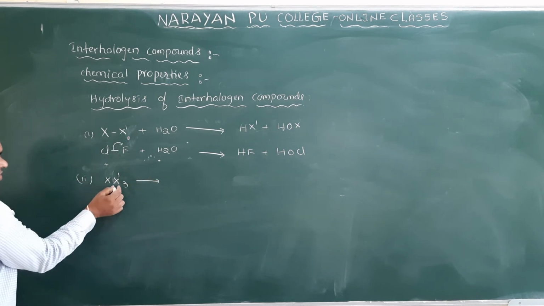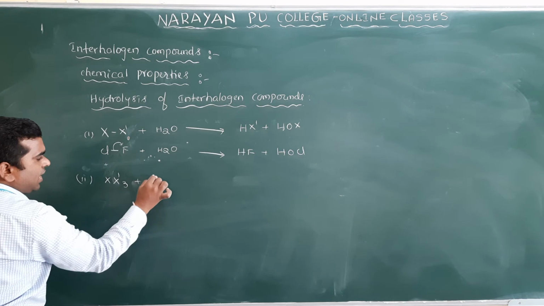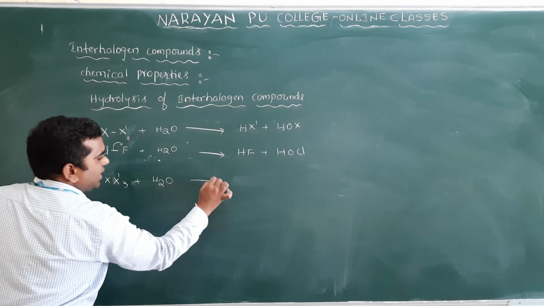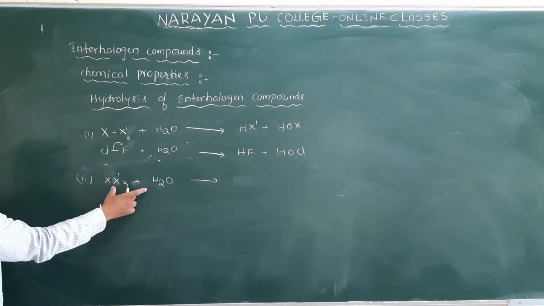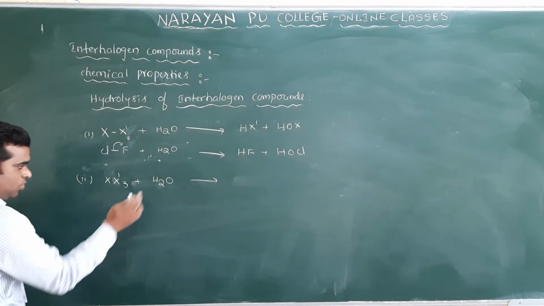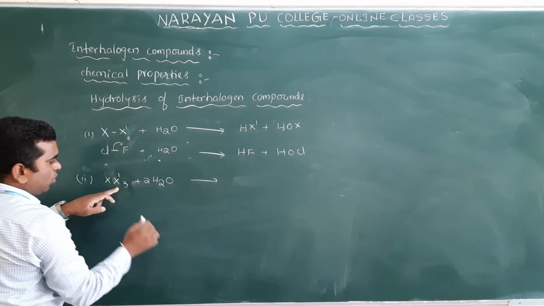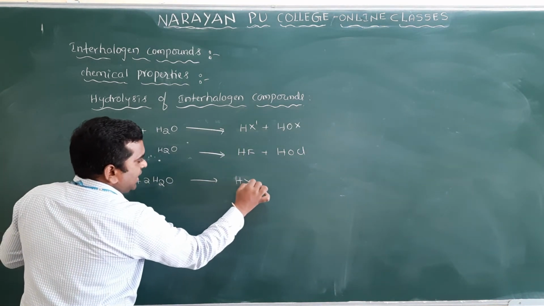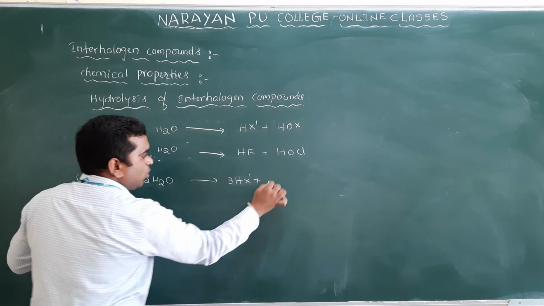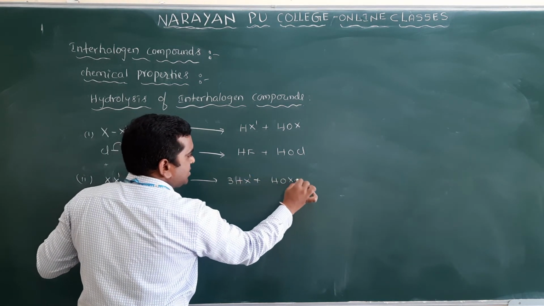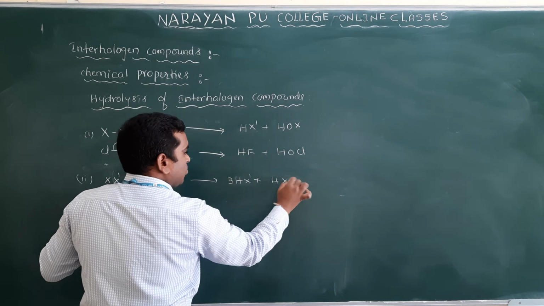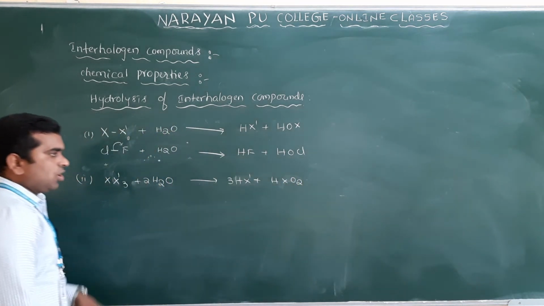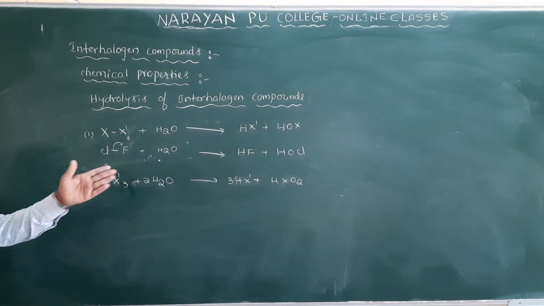Same here. On hydrolysis, HX' will always be formed. Here I take 2 moles of water, then I get 3 moles of HX' and HXO2, chlorous acid.